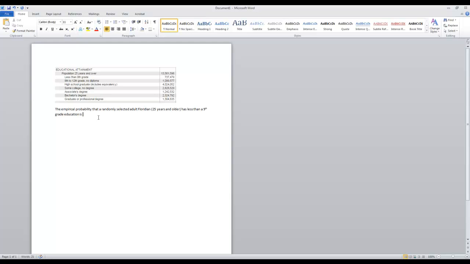It's the part divided by the whole. So what's the part here? The people that have less than ninth grade education are 737,479. That's the part. And then divide by the whole, 13,561,596.